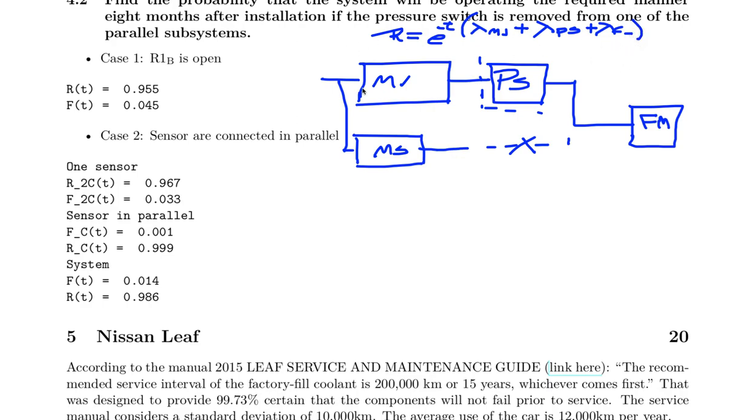So that will give you the reliability of a serial system, and that will end up being 0.955.